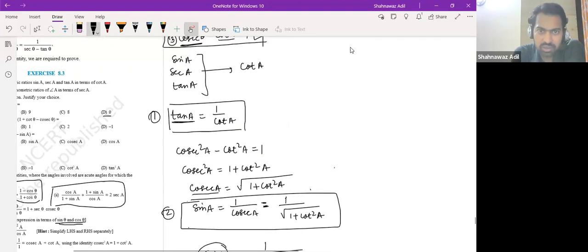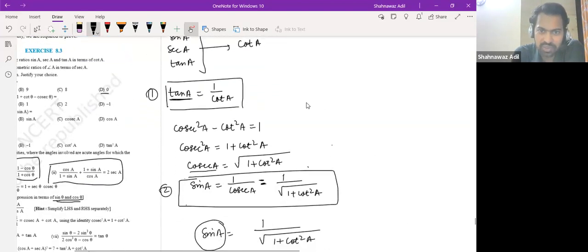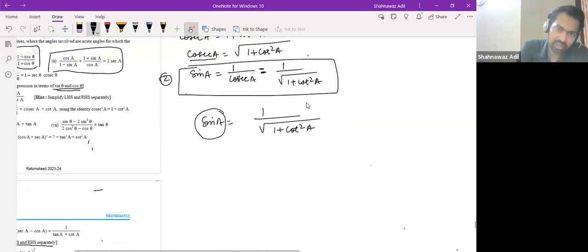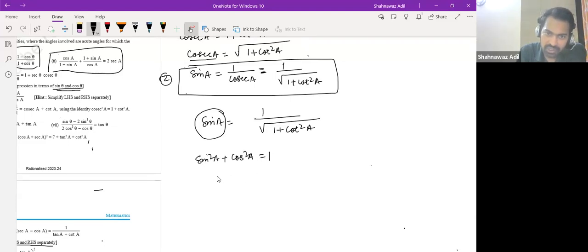Cos. Absolutely right. So we know that sine square A plus cos square A is 1. So we can calculate cos square A, which is 1 minus sine square A, so cos A is the root of 1 minus sine square A.